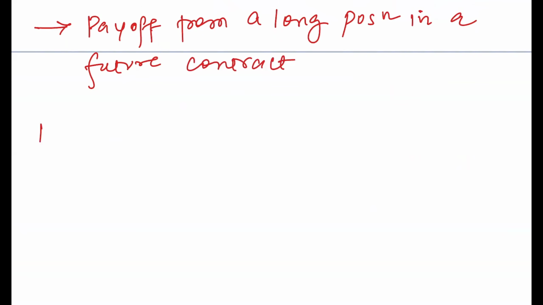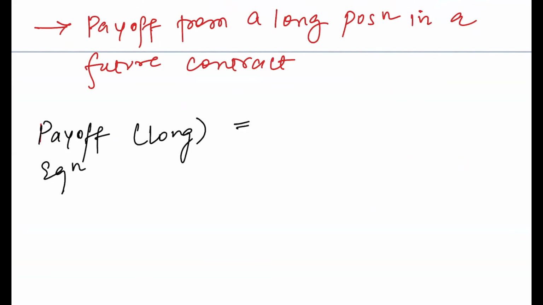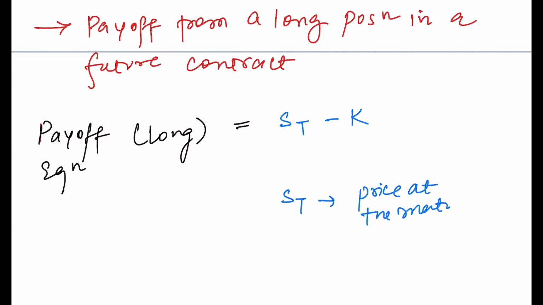So the payoff equation for a long position in a forward contract is nothing but ST minus K, where ST is the price at maturity and K is the strike price.